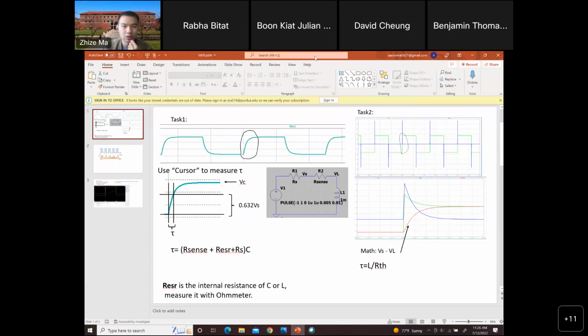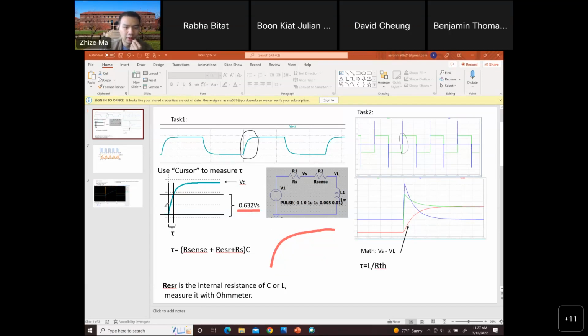The time constant is when the voltage across the capacitor starts to increase, until it reaches 0.632 times Vs. That's one time constant. So the time it takes the capacitor to charge to this voltage is the time constant.